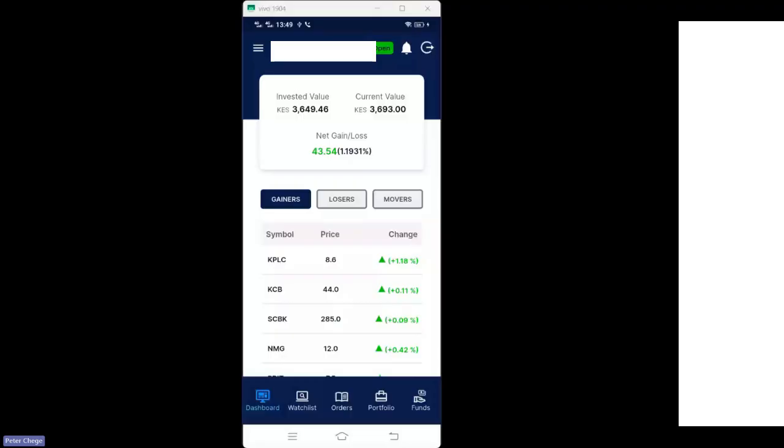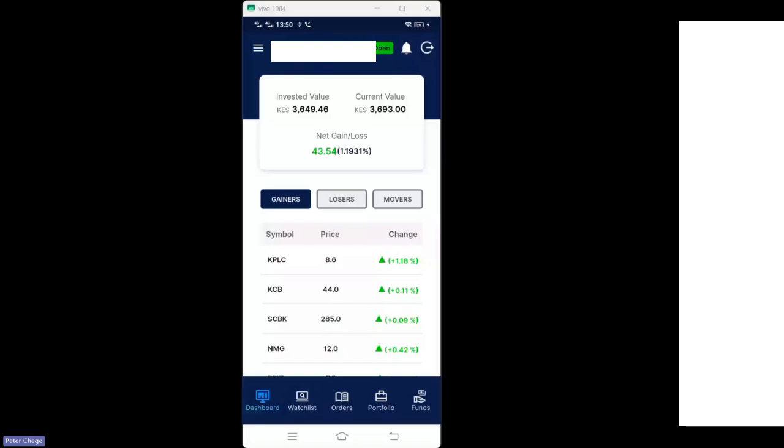So invested value includes cost. This is the cost I incur to buy my shares. Current value is what I would get if I was to sell, but I need to factor in costs. Net gains is the profit or loss that I've made, but remember I've not sold. So this profit will continue changing.